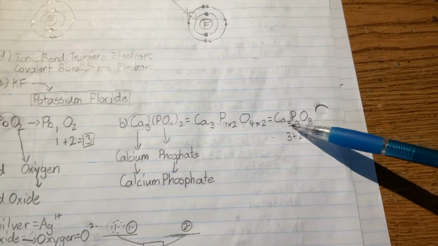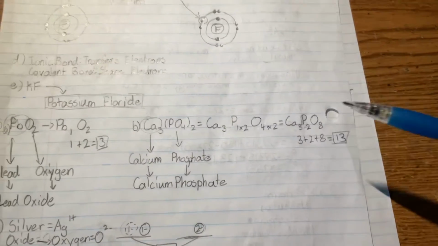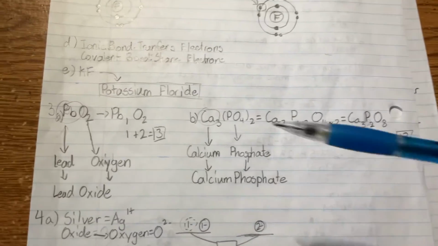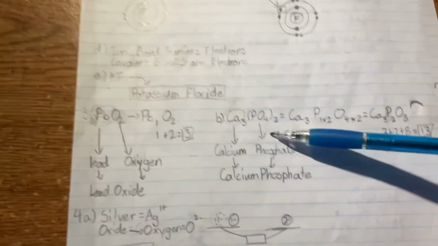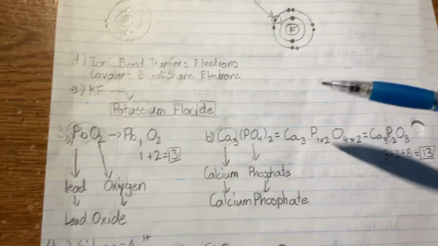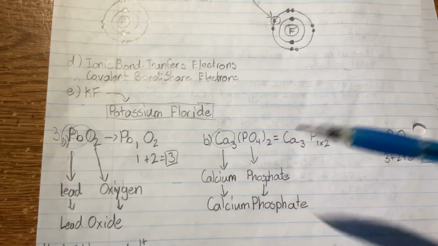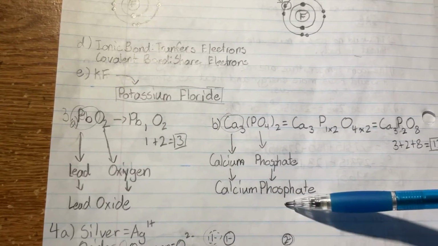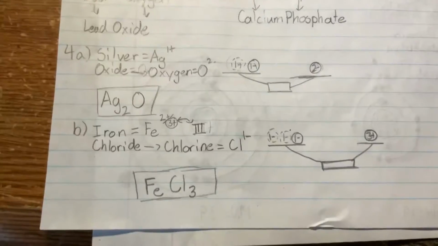And then we can simply add it, 3 plus 2 plus 8 equals 13 atoms. And since calcium is in front, it's a positive charge, while phosphate is a negative charge. We simply add it together. Calcium phosphate is the compound.